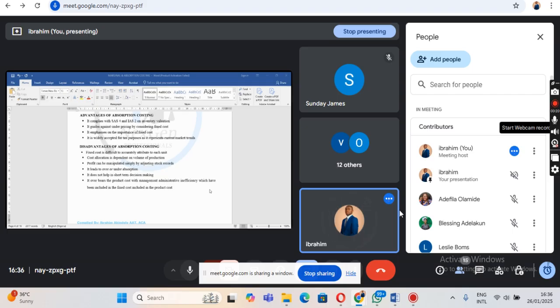In today's class, we shall continue with absorption costing. Let me quickly do a brief recap. In our last class, I said absorption costing is a costing technique that charges a variable cost per unit and a fixed cost per unit to its product.